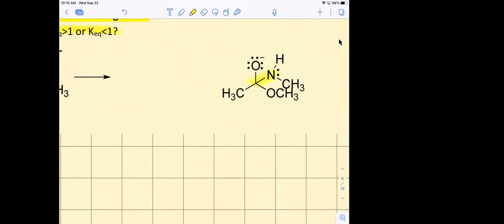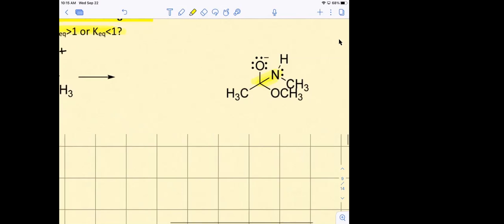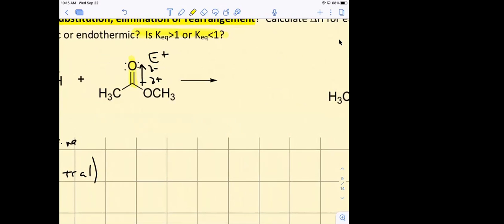What would that be called right there, that species or structure in the product? What's that an example of? We added a nucleophile to a carbonyl.